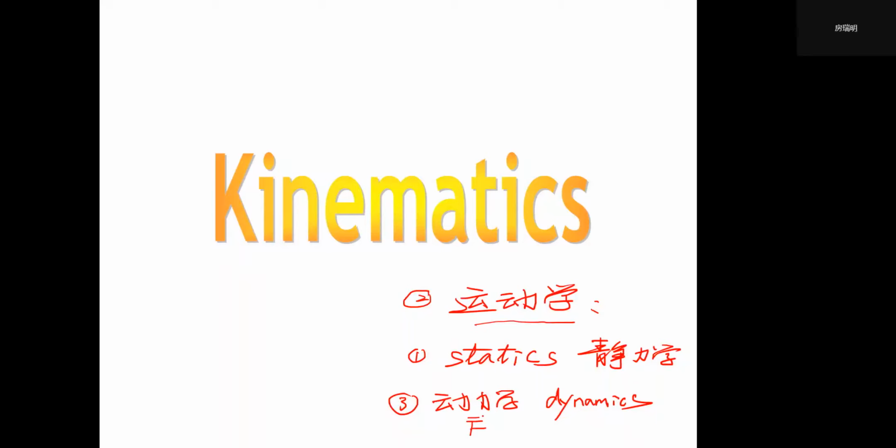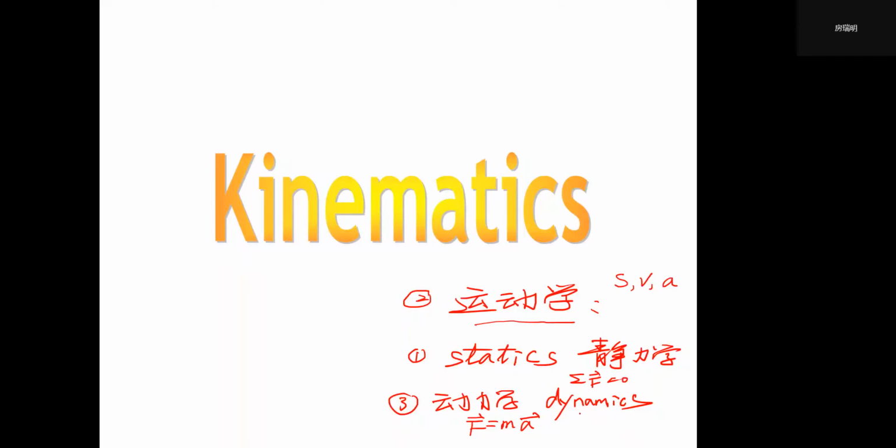Do you still know Newton's second law? F equals ma, right? So in this second part, we talk about displacement, velocity, and acceleration. And in statics, we talked about sigma F equals 0, the state of equilibrium.